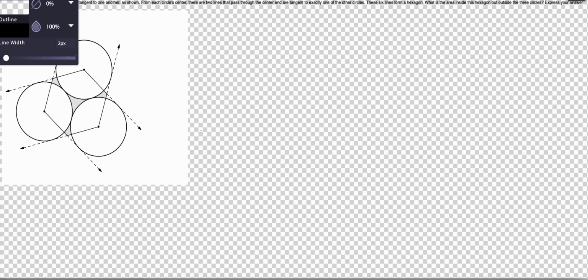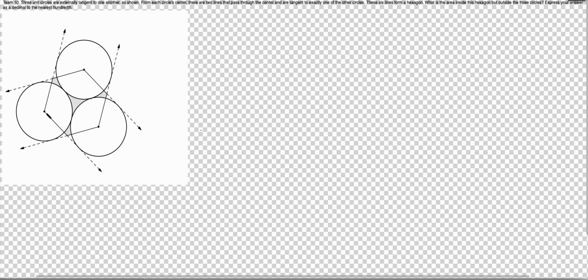So, where I would like to start is I created an equilateral triangle inside of this hexagon, as you can see here. The sides pass through where the circles are tangent or touching, so the sides of the triangle are 2.